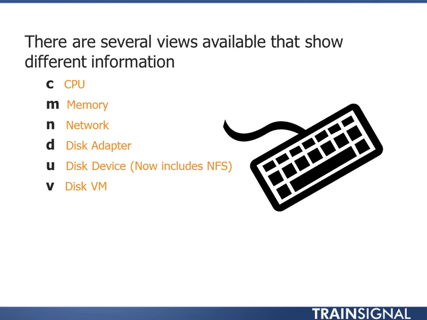A couple of other keys that are real handy to know. There are different displays in ESXtop. CPU is the default and shows your CPU related fields, memory shows your memory related fields, network for network, etc. So hit C for CPU, M for memory, N for network, D for disk adapter, basically like your HBA or vmhba, U for disk device, and ESXtop now includes NFS.